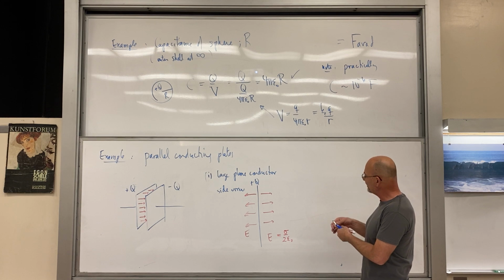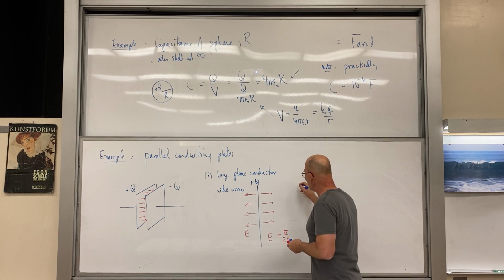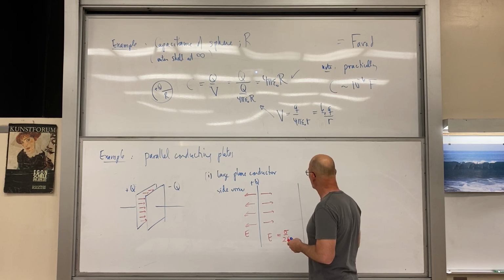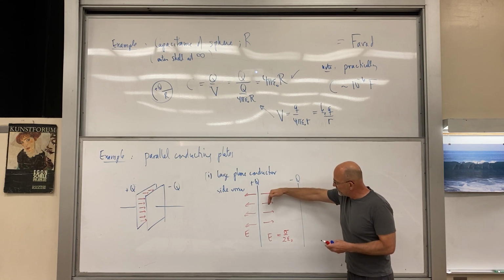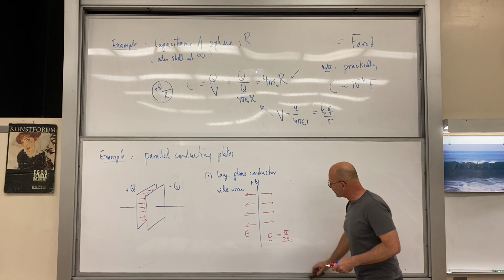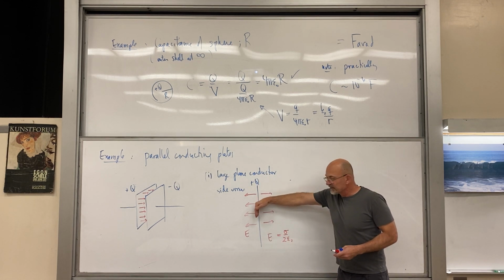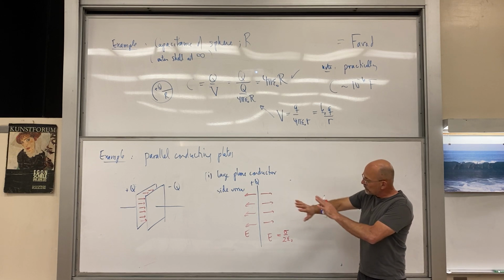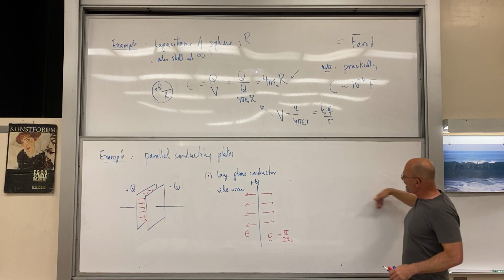Now the interesting thing is, if you take another infinite plate and put it here, this has the minus Q. Actually, I should start over again. So this E field, in the sense of a large plate, extends all the way out here.